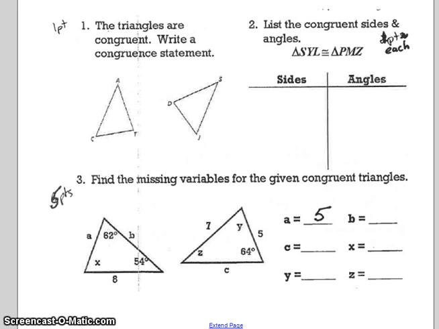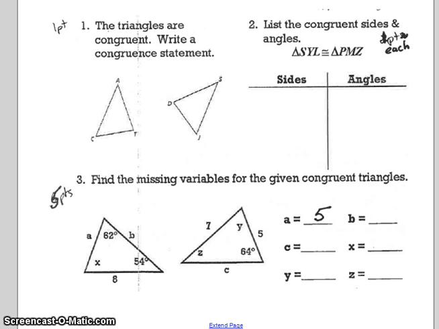Alright, so we have these two triangles, ACT and SDJ. I know the letters are difficult to read. If you marked it a different letter, that's fine.